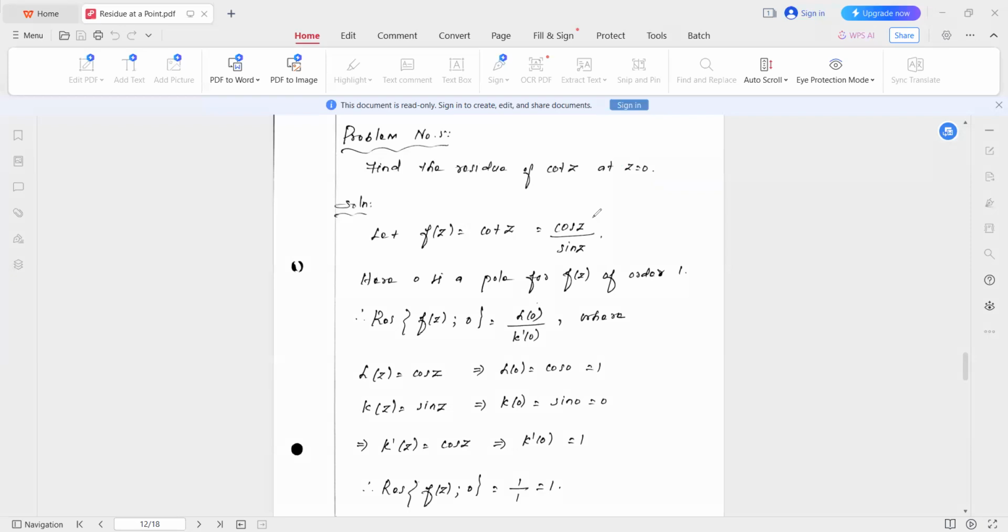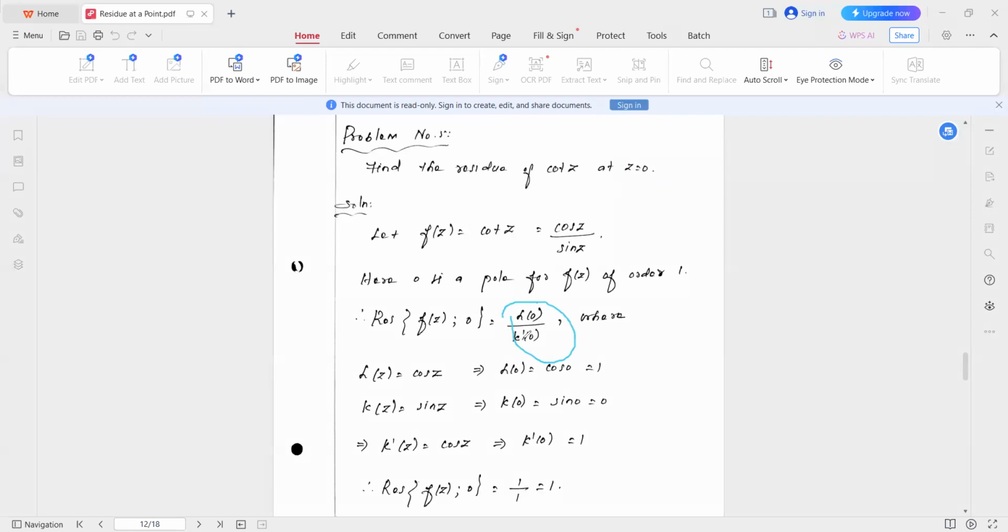The value of cos 0 is 1. So therefore h of 0 is not equal to 0. k of 0 is equal to sin 0, which is equal to 0. So it satisfies the condition in the statement, and we can apply this formula to find the residue of f of z at the point 0. Here we need the differentiation of k of z.